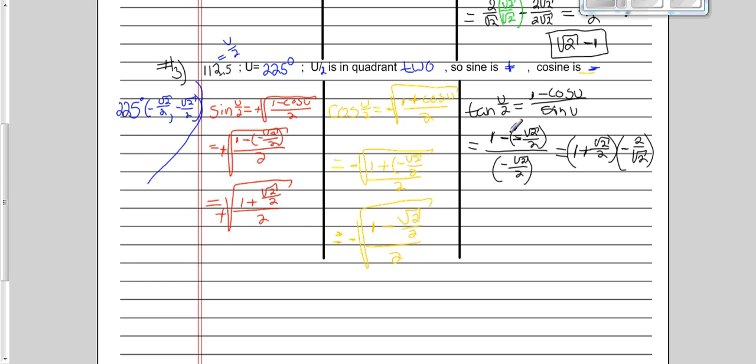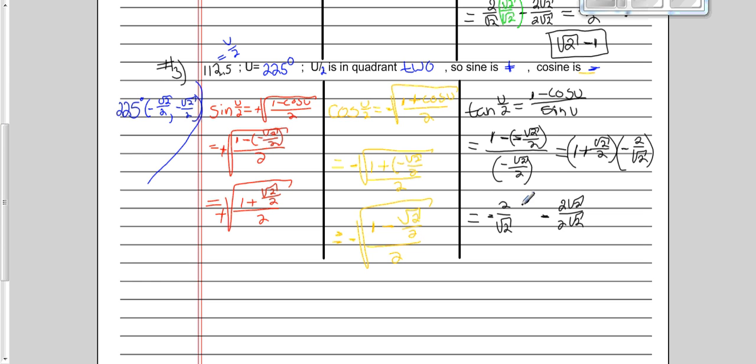But taking this top, I just simplified the negative times the negative to make it a positive. And then I'm multiplying by this reciprocal down here so I can get a solution. So when I multiply by the reciprocal, I get negative 2 over square root of 2. Once again, I'm going to leave space because I know I'm going to have to get rid of that radical. Okay, negative times a positive is going to be negative. And then this is going to be 2 square root of 2 over 2 square root of 2.